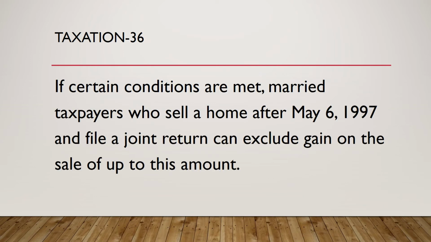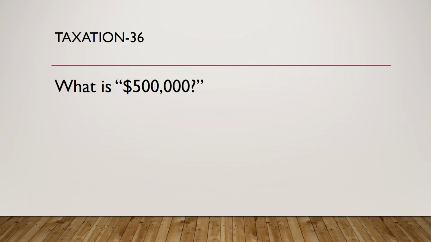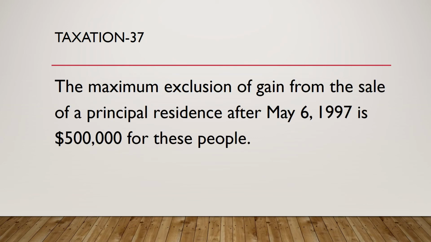Question 36. If certain conditions are met, married taxpayers who sell a home after May 6, 1997 and file a joint return can exclude gain on the sale of up to this amount. What is $500,000? Question 37. The maximum exclusion of gain from the sale of a principal residence after May 6, 1997 is $500,000 for these people.